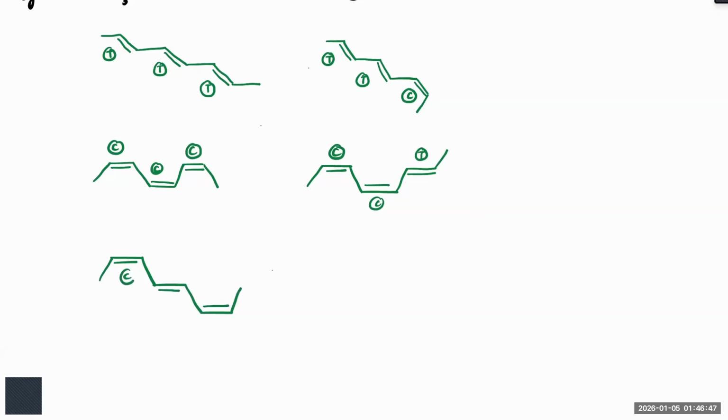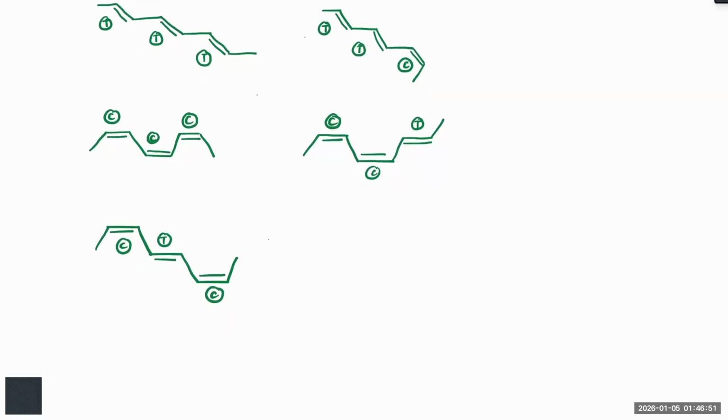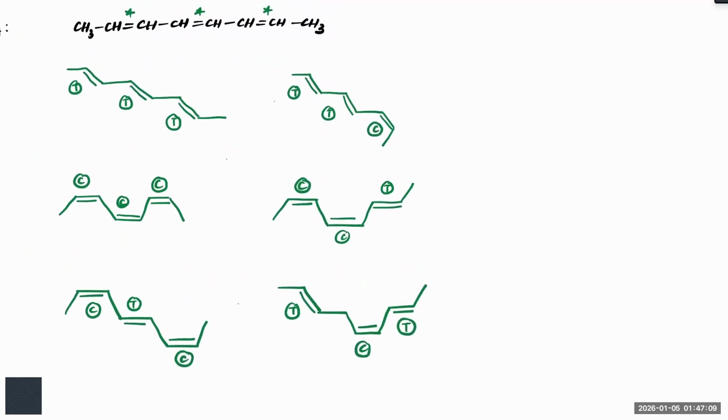This we didn't consider, cis, trans, and cis. Likewise, first I can have trans, then I can have cis, then I can have trans. So trans, cis, and trans. Correct? If you may have noticed up to this, they all are unique. They don't look like anything repeated.